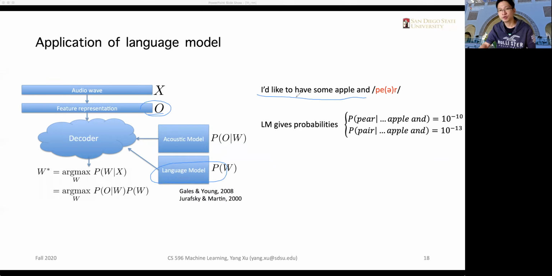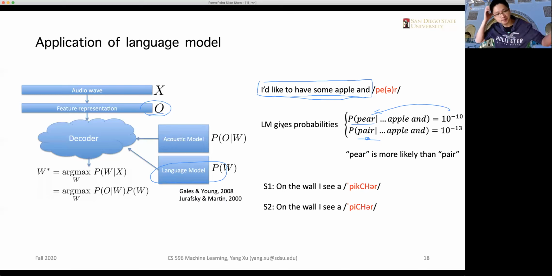So the language model will take these previous words as inputs and output the probabilities of the next word to be pair versus this pair. So we'll see that the probability of detecting a fruit pair is much higher than producing the second pair. So that's why the audio recognition software will prefer to produce the fruit pair.